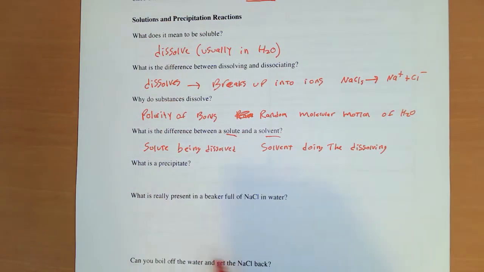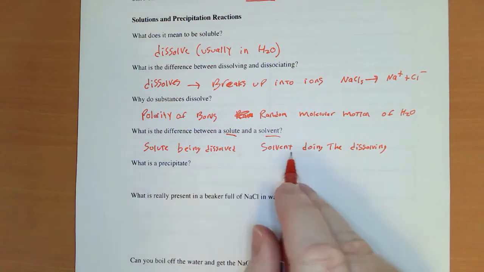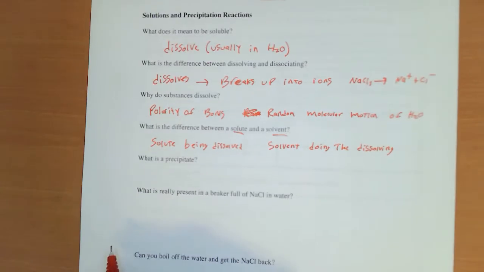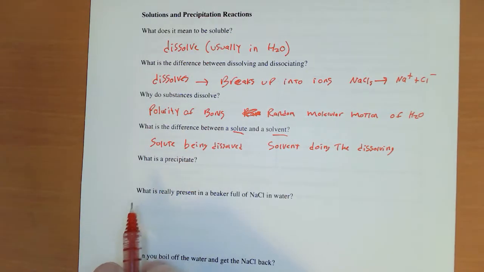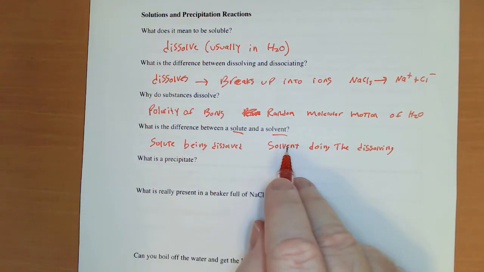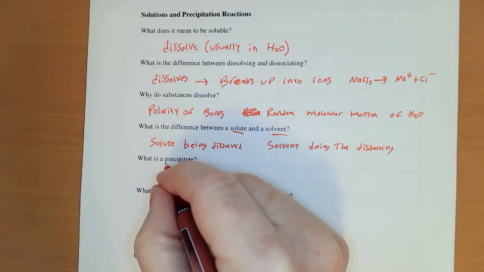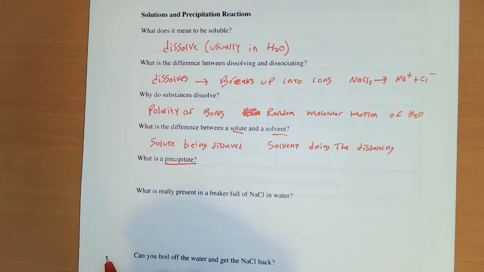Now, our kind of ghetto definition: solute's what we have less of, solvent is what we have more of. Get a little more technical. Solute is the substance that is being dissolved, and solvent is the medium that it's being dissolved in. Okay? All right, so the term precipitate, which we have used previously.